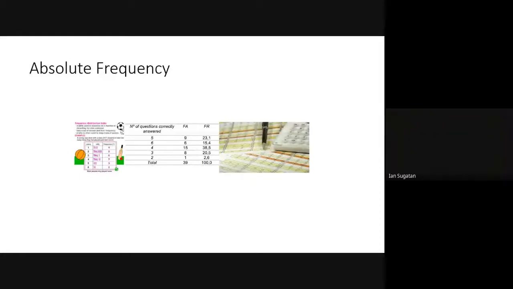This refers to the number of times that a value appears. Meaning, how many times does the value appear. You count it or tally it as how many times it is displayed. So that is an absolute frequency.